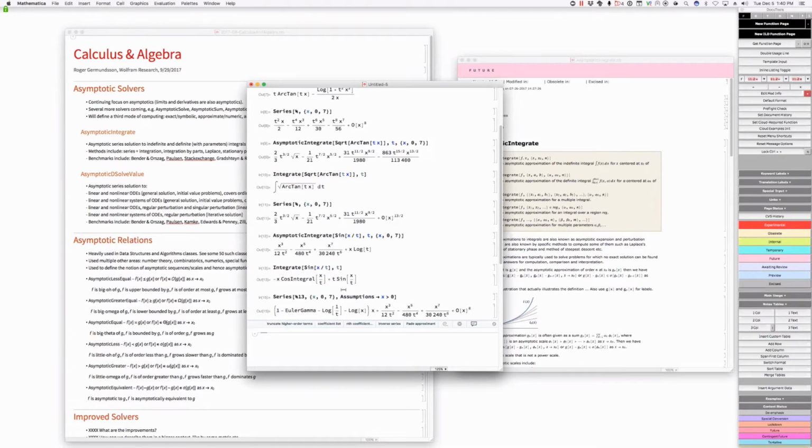They should always be equivalent in some sense, if series can succeed, if integrate can succeed, et cetera. But the essential property that asymptotic integrate guarantees is that you get a result that is asymptotic at the point that you specify. And what does series guarantee? I don't know. It's not clear what it guarantees.